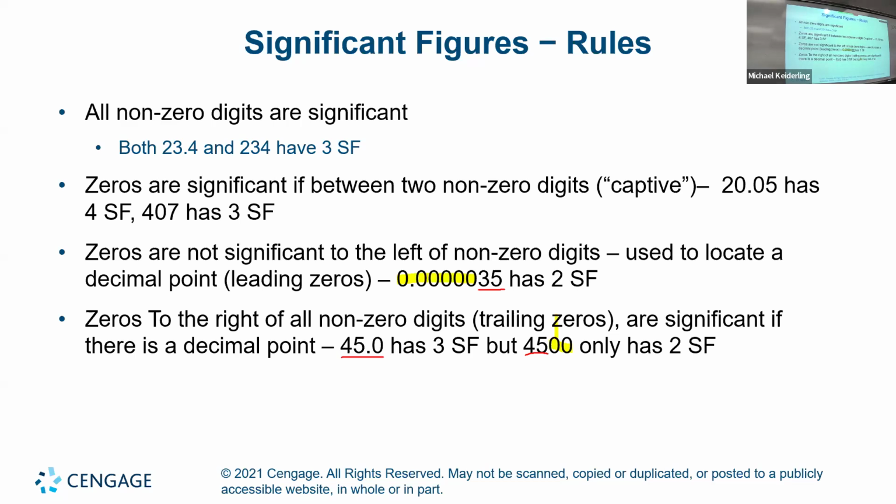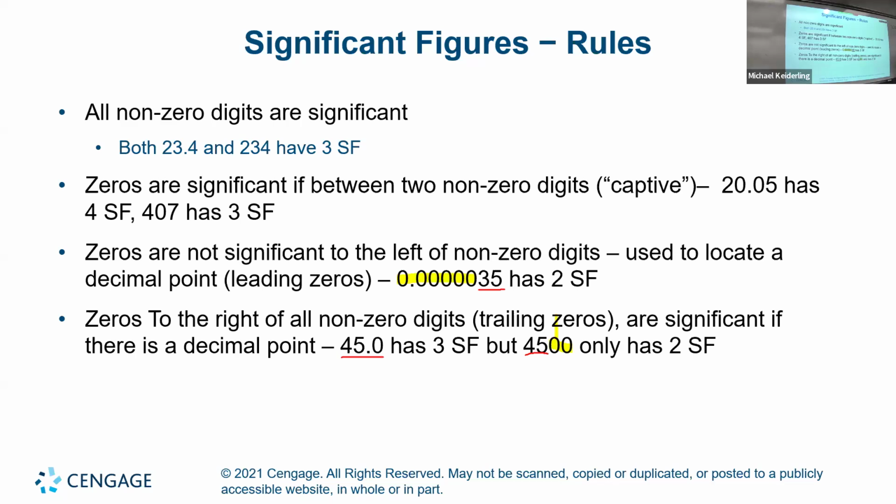So usually when you're measuring, that's not so much an issue, but it comes up when you're writing tests because you want to use relatively nice numbers. Another way is if you write anything in scientific notation, all the digits in the, I guess it's called the mantissa, the small number part that you multiply by a power of 10, those are always all significant.